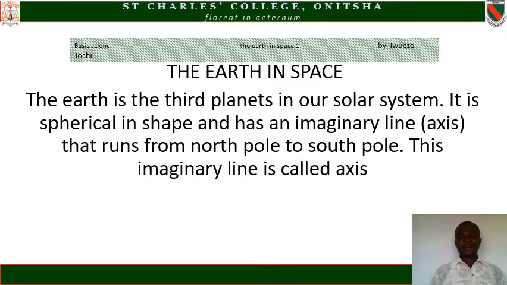So, from our lesson, the Earth is the 3rd planet in our solar system, and it is spherical in shape. The shape of the Earth is not circular. It has a spherical shape like the shape of an egg. And on the Earth's surface, there is a line called imaginary line that runs from the North Pole through to the South Pole. That imaginary line is known as axis.